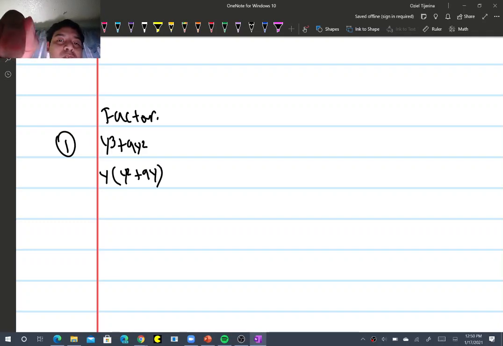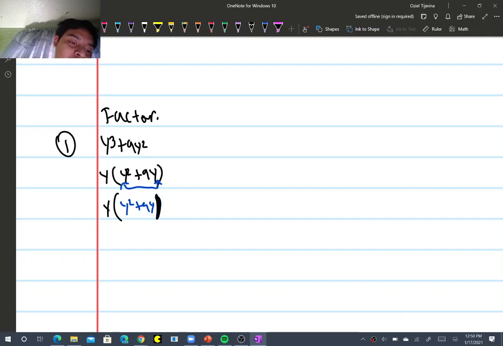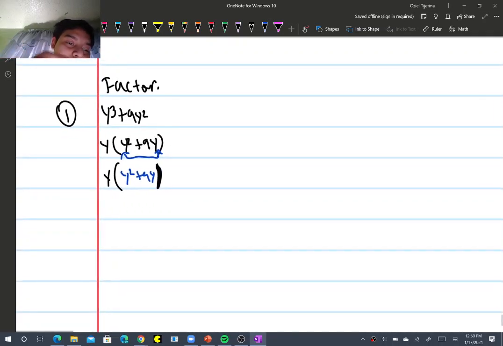Then you look at this part and ask yourself again what you can factor out. So we have y squared plus 9y.